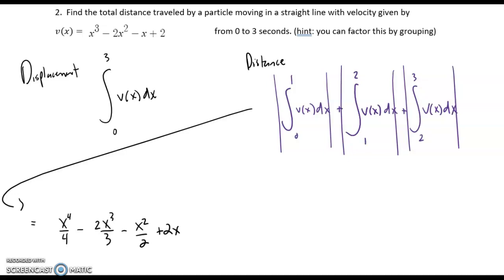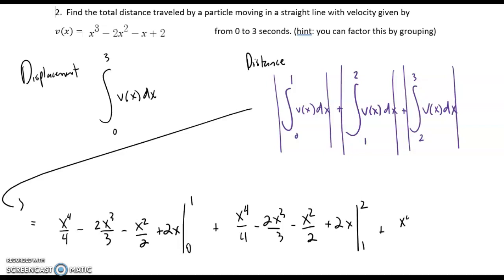Okay, so the first one we could go from 0 to 1. And then I'll just rewrite it. And then from 1 to 2. And then again, a lot of work. From 2 to 3.